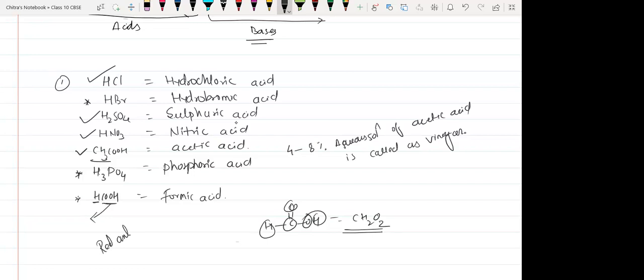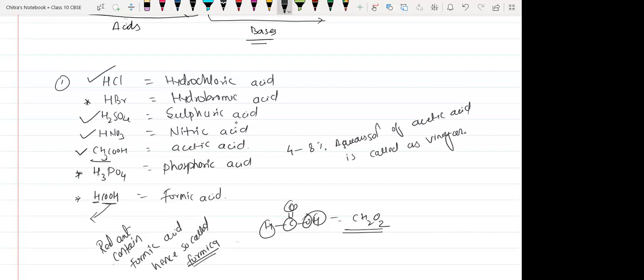Red ants contain formic acid, hence the name formica.